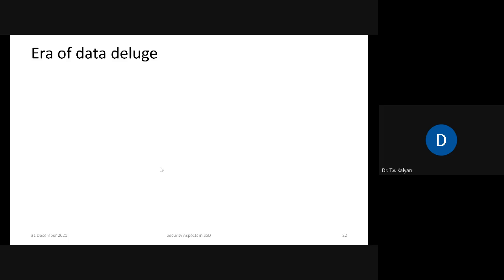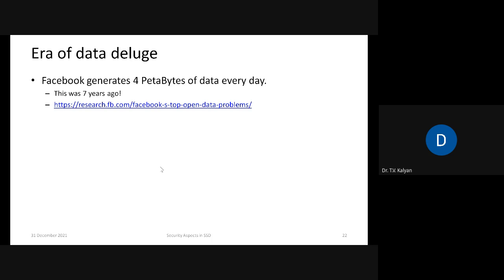A few more examples of the amounts of data that is currently being looked at. A Facebook study reveals that every day 4 petabytes of data is being generated, right? This was in the 2015-2016 time frame. Now you can assume that it might easily be 1.5 to 1.8 times that, right? And Google was handling sorting problems on 50 petabytes of data, right?